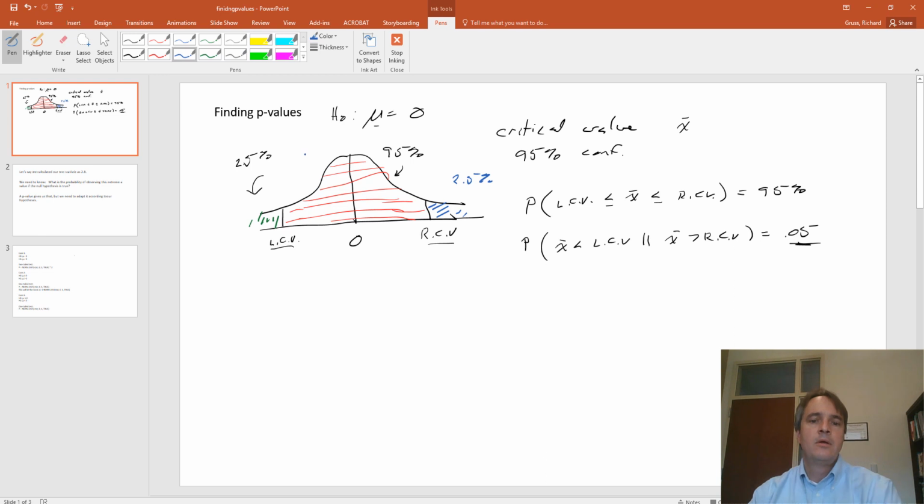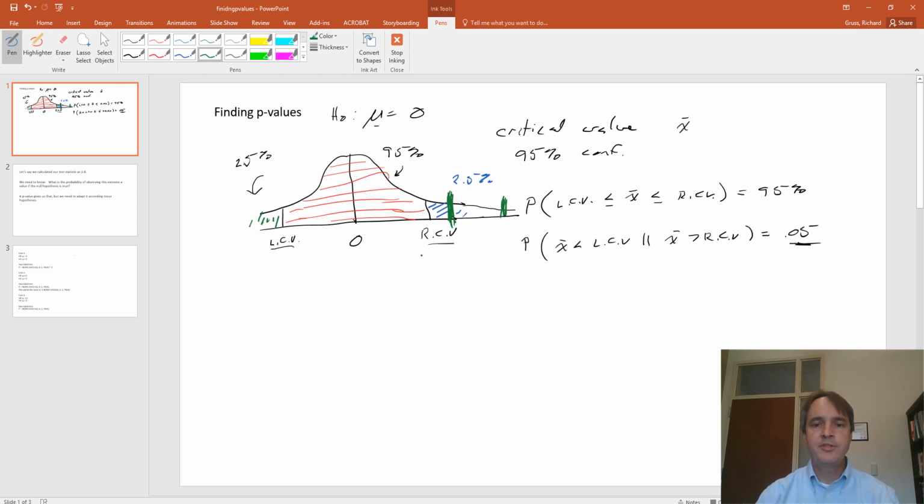But let's say we observed a test statistic that was, let's say here. That would enable us to reject the null, right? Because there's only a 5% chance that if the null was true, we would have gotten this extreme of a value. But compare that to if we had observed a value, let's say out here.